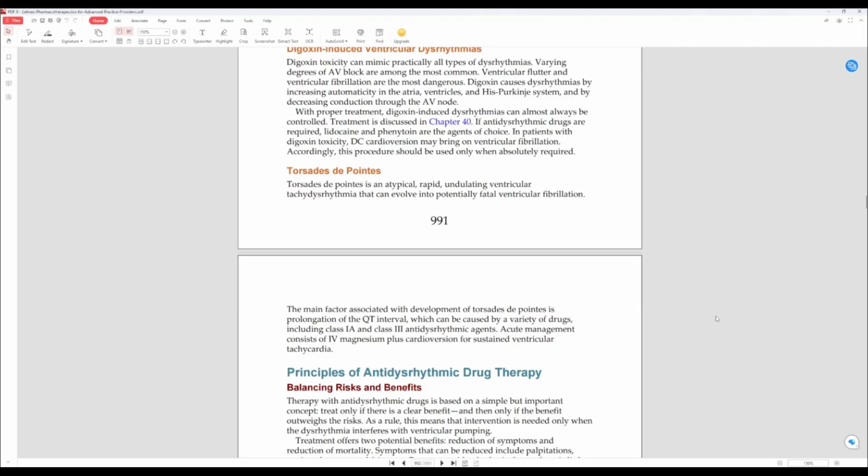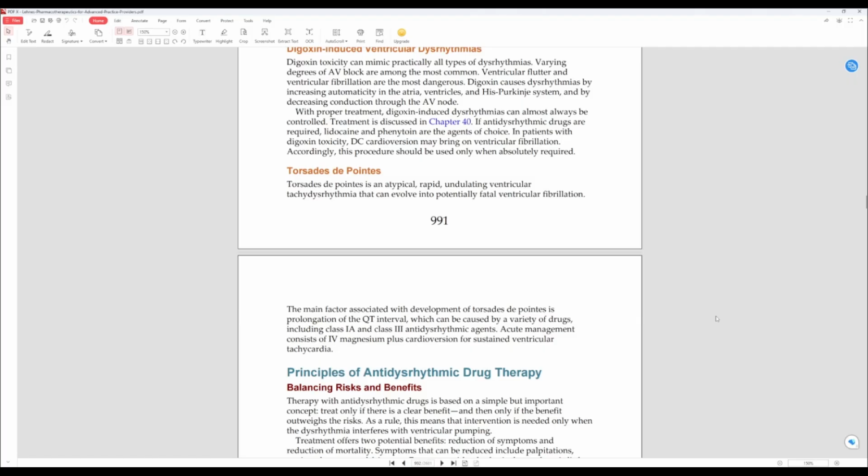Digoxin causes dysrhythmias by increasing automaticity in the atria, ventricles, and His-Purkinje system, and by decreasing the conduction of the AV node. With proper treatment, digoxin-induced dysrhythmias can almost always be controlled. Treatment is discussed in Chapter 40. If antidysrhythmic drugs are required, lidocaine and Dilantin are the agents of choice.